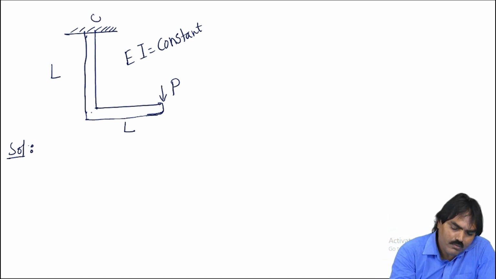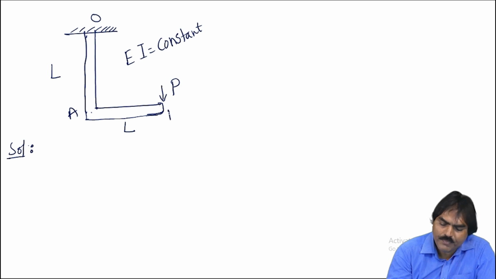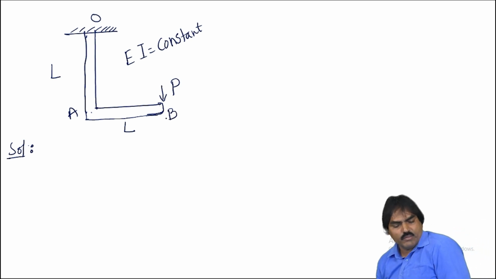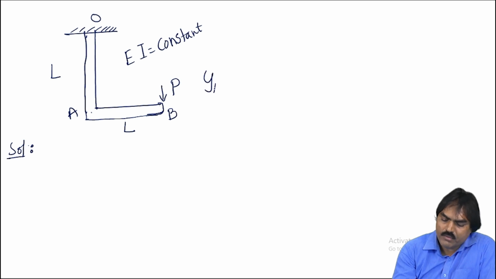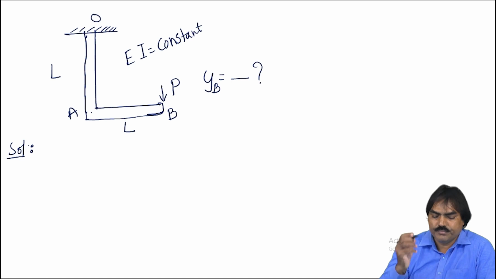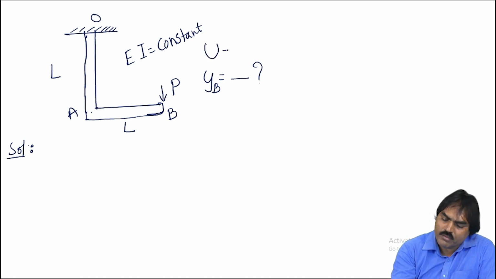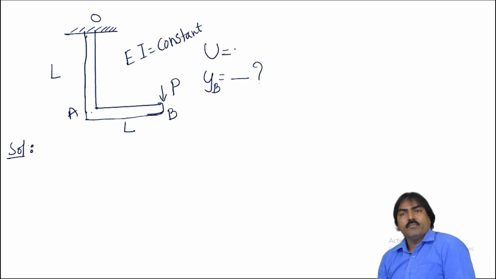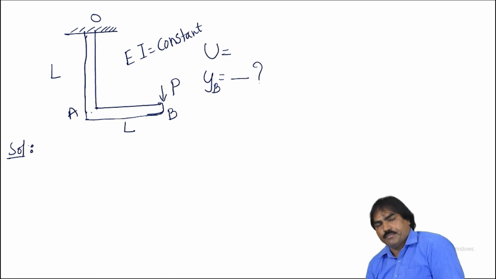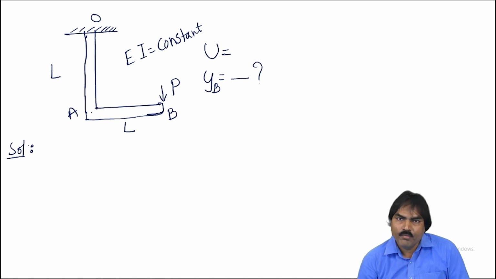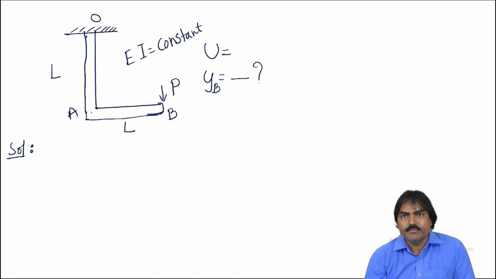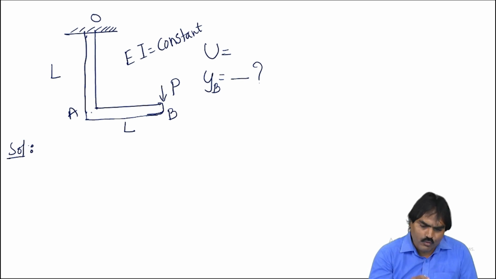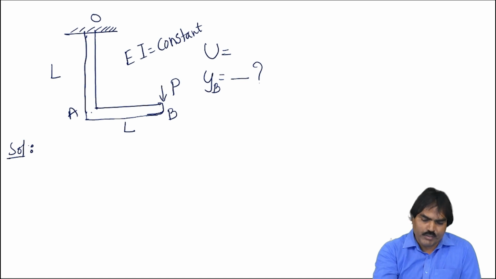This is O, A, B. We call it like that. We have to find out the deflection at B point. Then we have to find out the total energy in the frame. These are the two kinds of questions. An L frame which is fixed at one end is subjected to loading at the free end as shown in the figure.